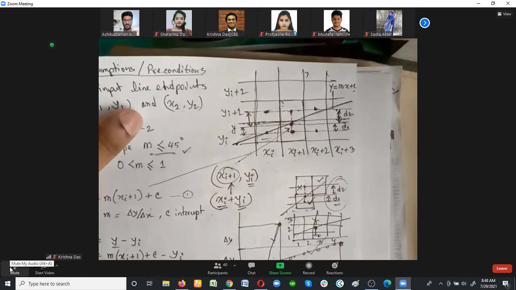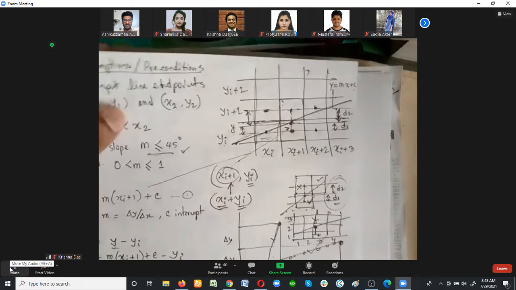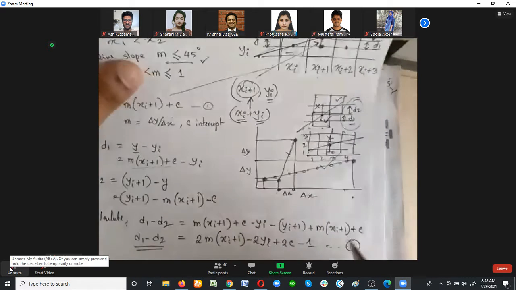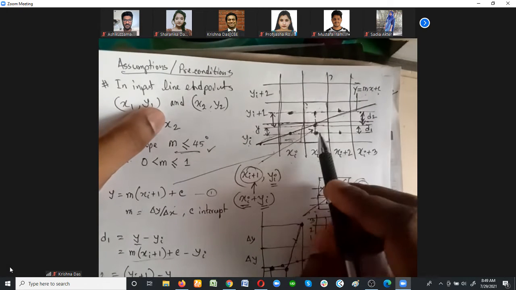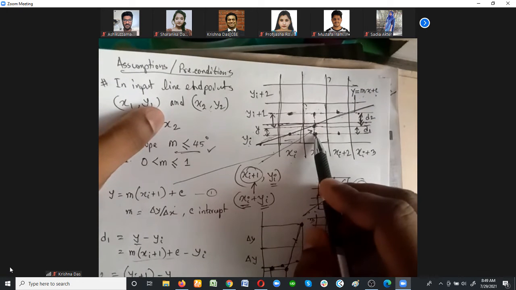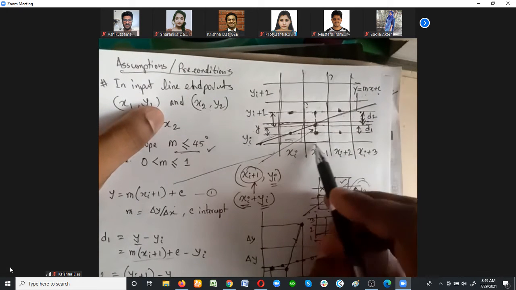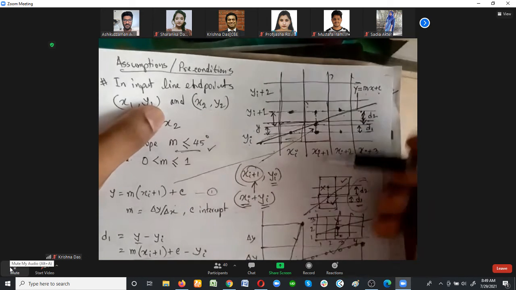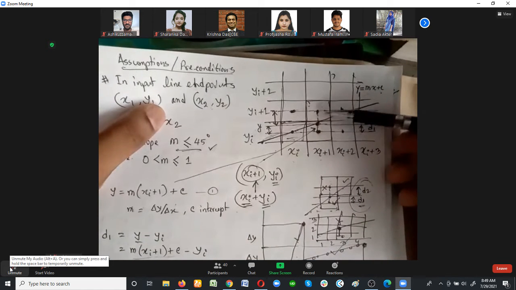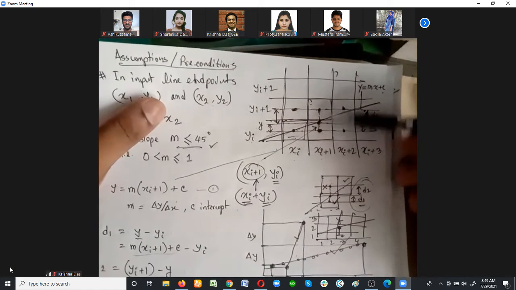Do you understand now, Ashik? Yes, sir. So that's why we have taken d1 as y minus yi, because that pixel's y coordinate is yi, and the distance we are considering is from the vertical perspective.